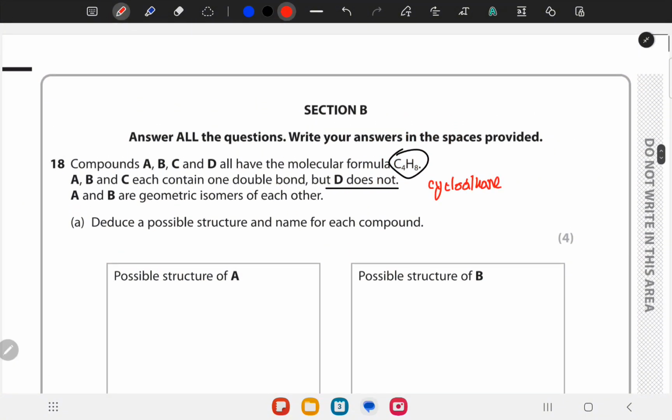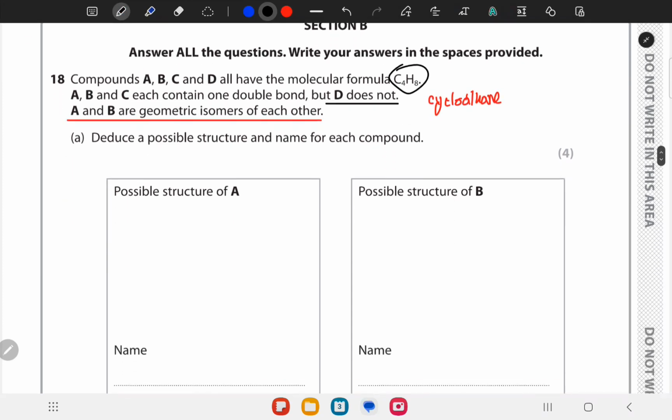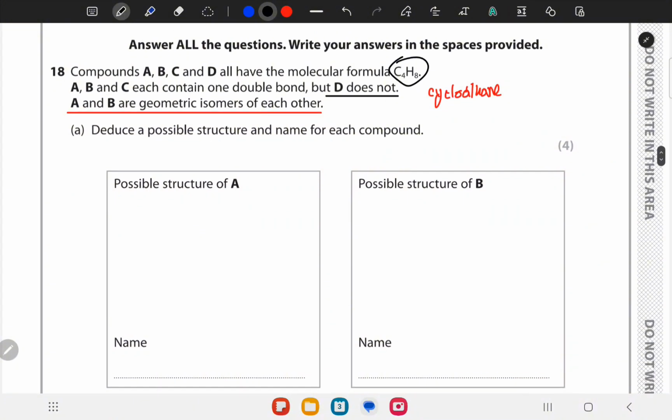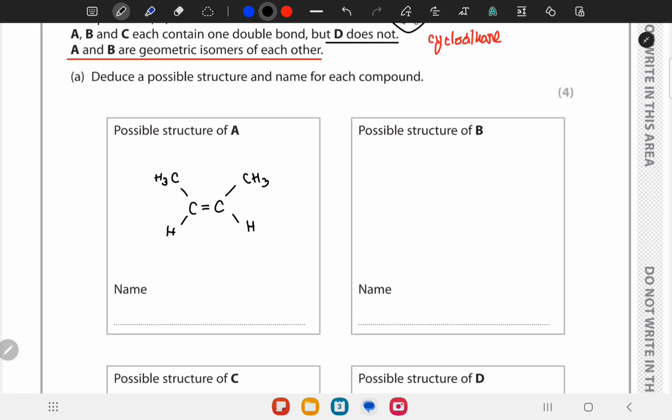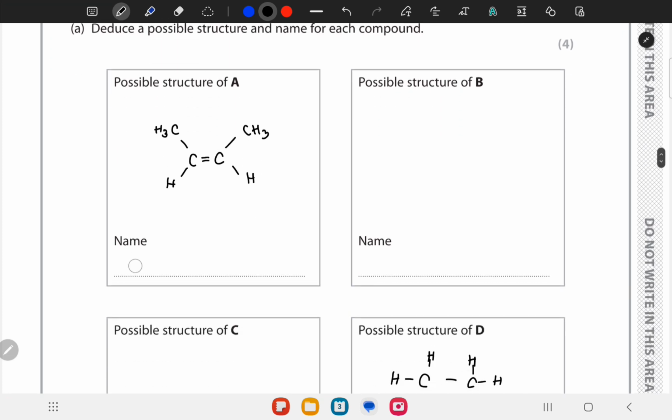Now we are told that A and B are geometric isomers of each other. So one of them could be, if we draw this, the carbon double bond. We have 4 carbons, so we can have a CH3 here, a H here, H here, CH3. So this would be Z-butene.